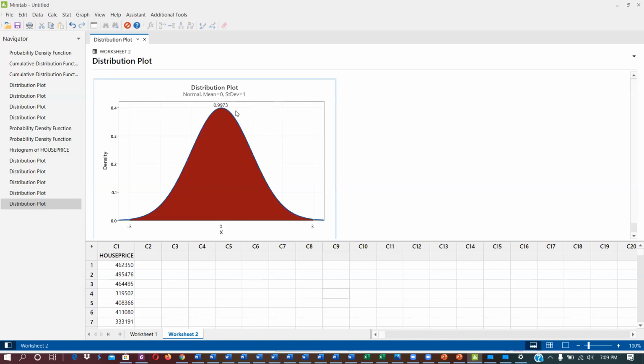Is it clear to everyone? What am I asking? What is the value of 3 sigma, 5 sigma, and 1 sigma?